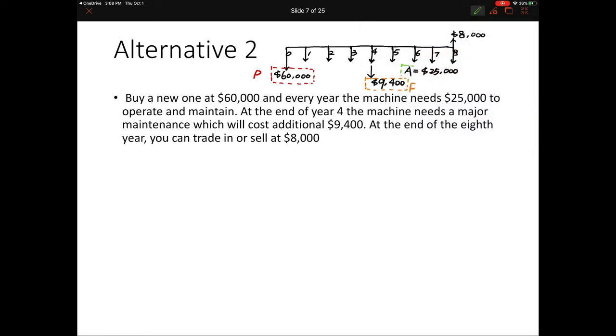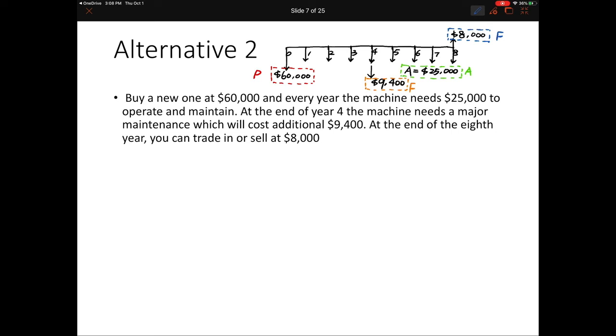So it's an F. And we have another annuity, and then we have another future value at the end of the 8th year. Okay, so we have four types of cash flows, or four cash flows. If you want to say the future cash flows of 9,400 and 8,000 are the same type of cash flow, then that's fine. You can also say they're different amounts, so they're different cash flows.